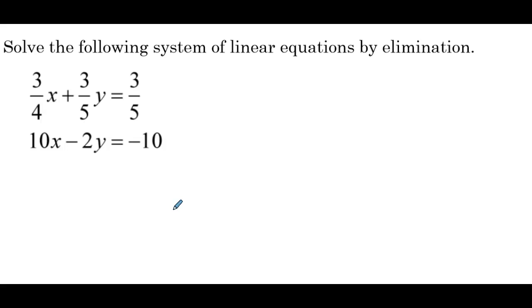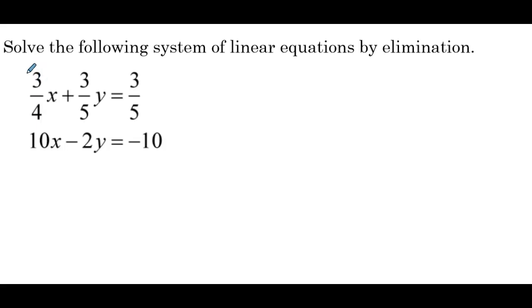Our last example, 3/4 x plus 3/5 y equals 3/5, and 10x minus 2y equals negative 10. So we want to start by eliminating one of the variables. So let's eliminate x.